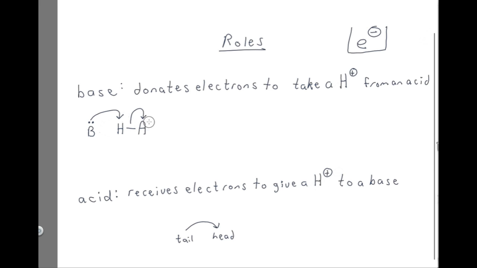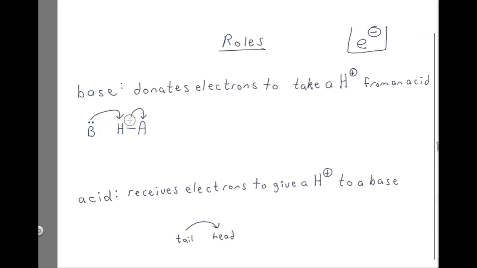The head of the arrow is on the acid, showing that the acid is receiving electrons. And the tail of the arrow is on the bond between the acid and the proton, the hydrogen, showing that the acid is going to break its bond. The acid will be breaking its bond with the hydrogen. That's what it means to give up the hydrogen to the base.